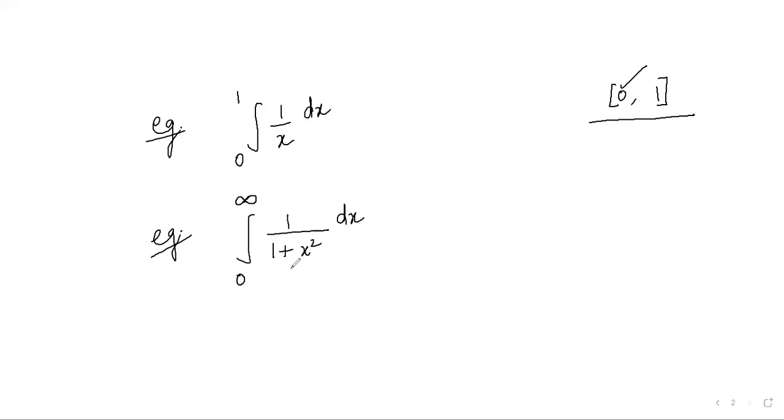But if we are not able to solve an improper integral, we say that the given improper integral is not convergent. We have discussed the gamma function, and if you remember, its limits are from 0 to infinity. So the gamma function is also an improper integral, which is convergent for some values and doesn't exist for the negative integers.